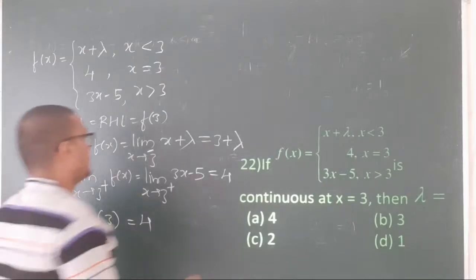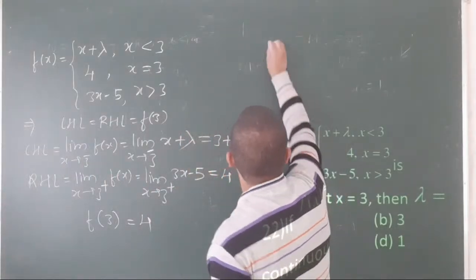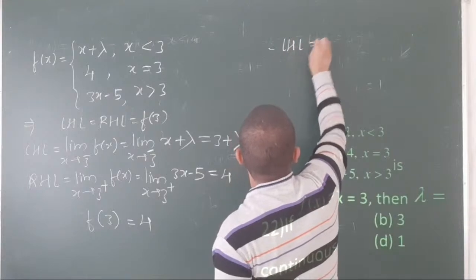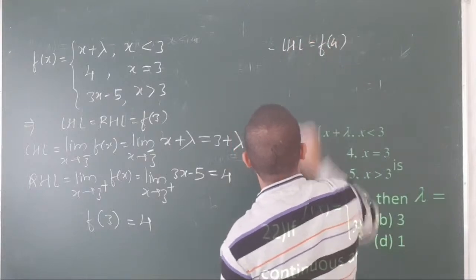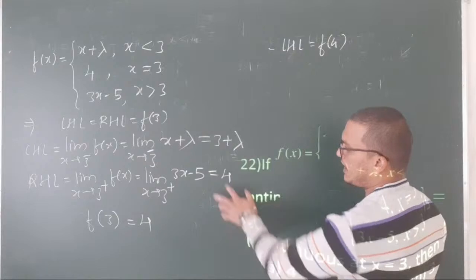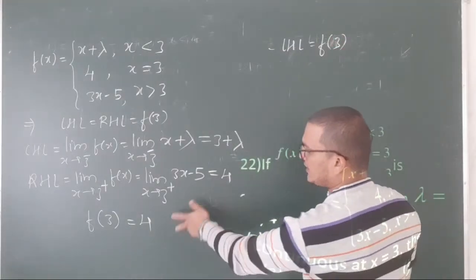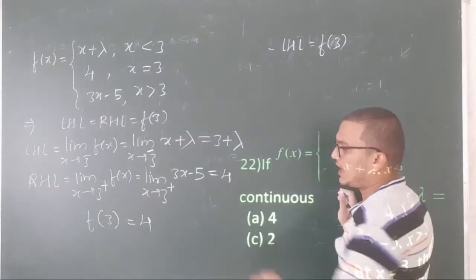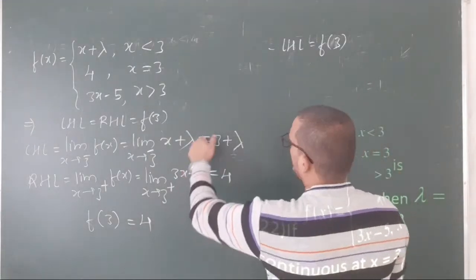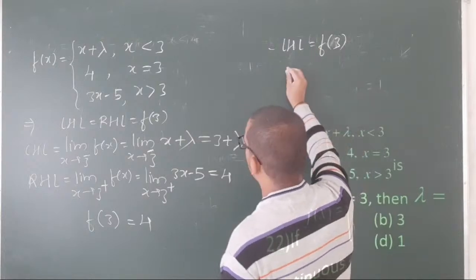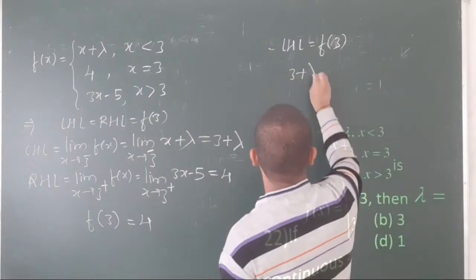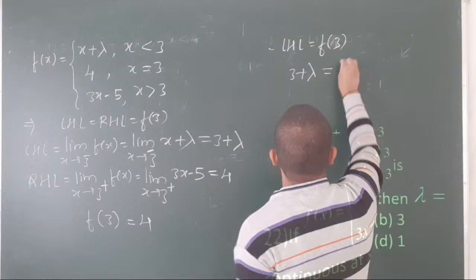Okay, then what are you going to equate? RHL and f of 3 answers are the same, so I can't equate those, I have to equate the other one. So LHL is equal to f of 3. LHL answer is 3 plus lambda, f of 3 answer is 4.